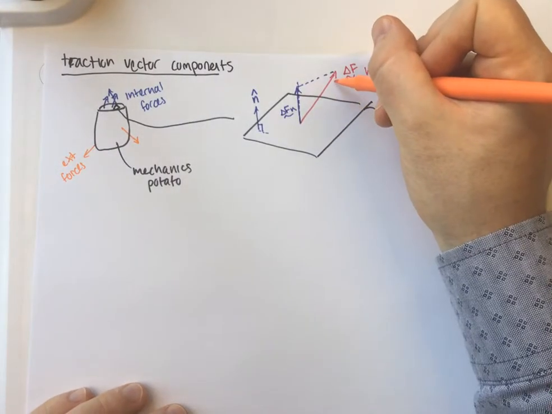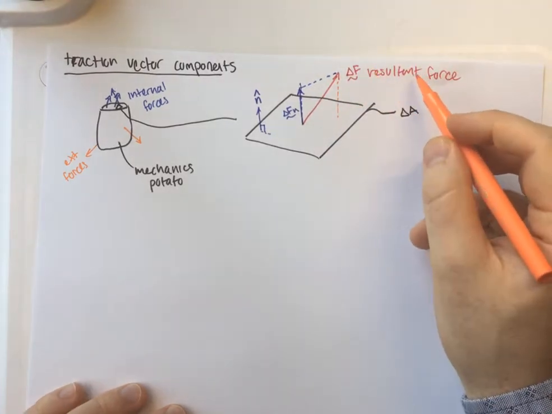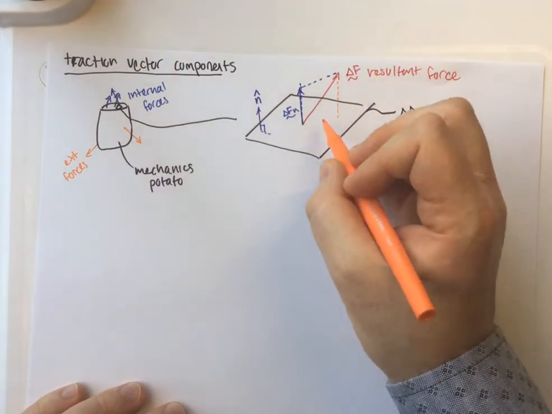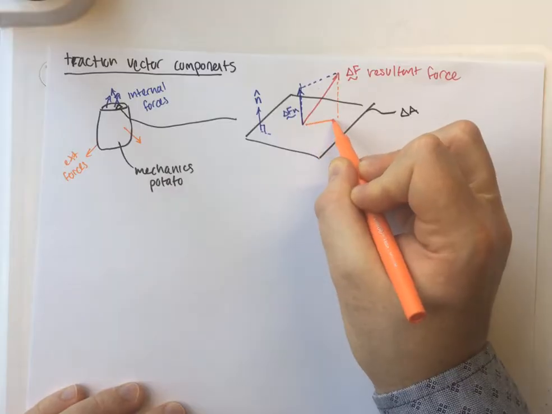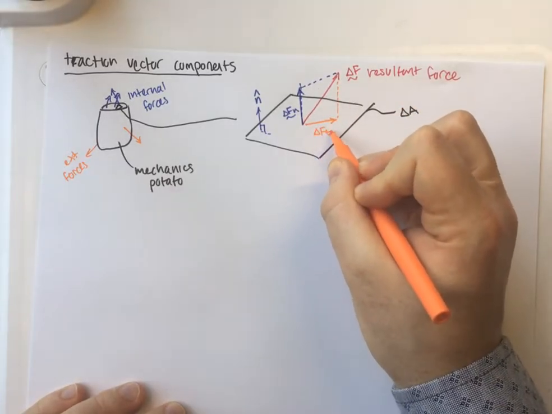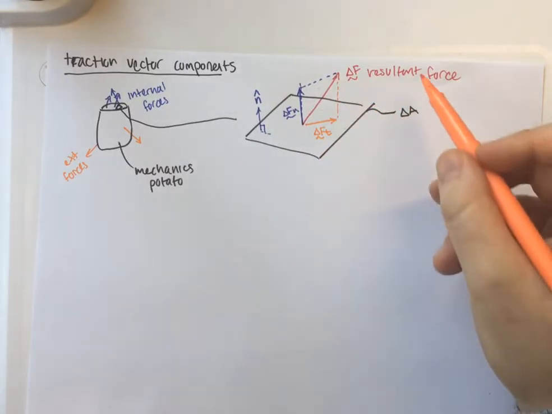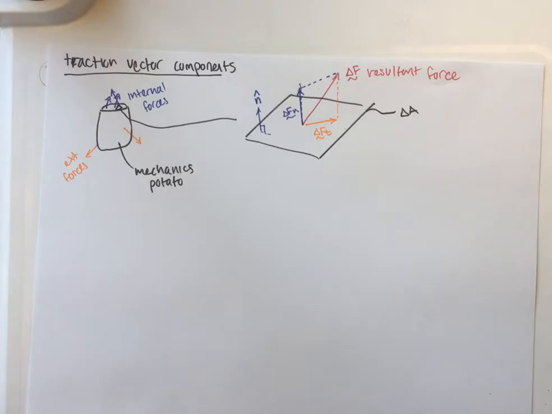Now, if we take another projection, if we project our resultant force delta F down into the plane, we'll have another component down here, which I'm going to call delta Ft for tangential. And you can see that our resultant force is just the sum of those two vectors.